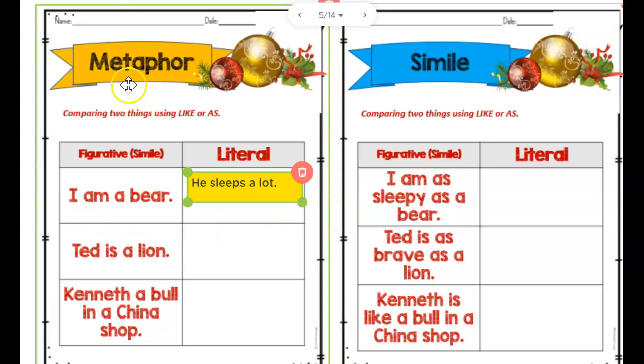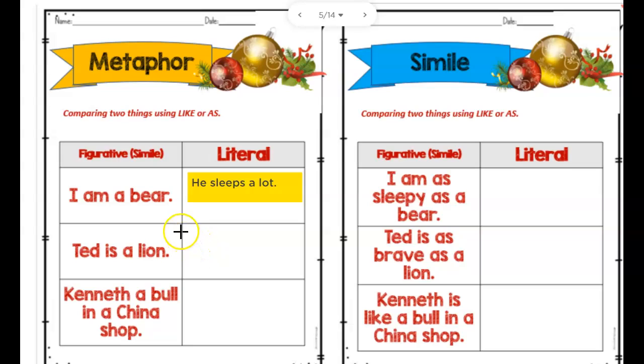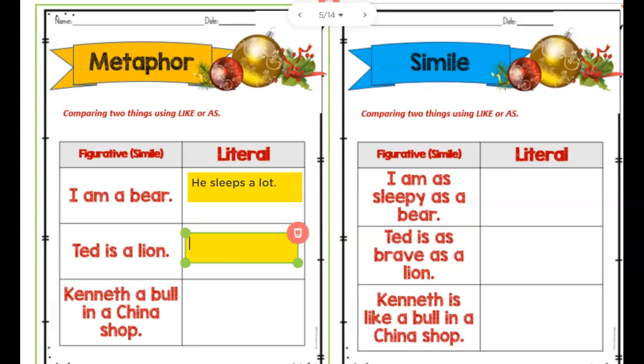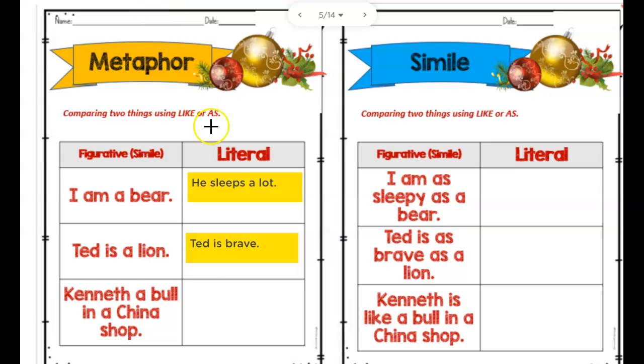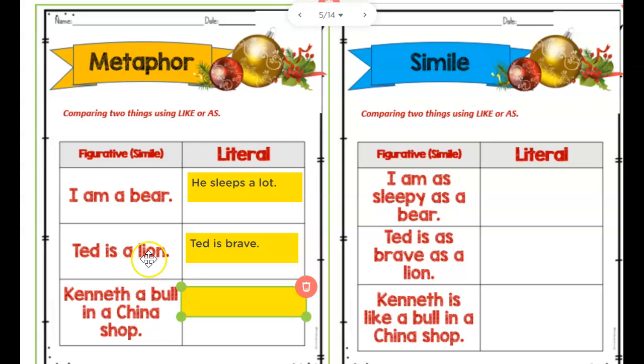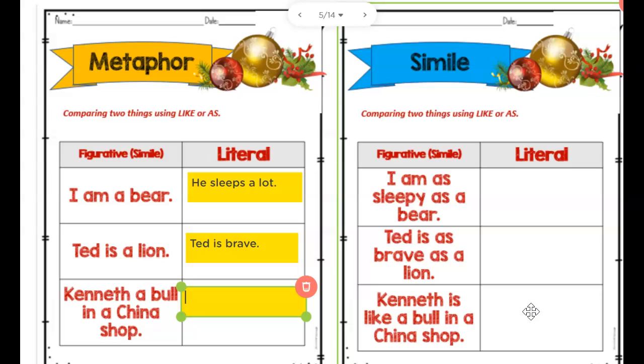Ted is a lion. He's not actually a lion, but I know lions are very brave and cunning. So maybe he's comparing himself to a lion because Ted is brave. And finally, Kenneth is a bull in a china shop. Maybe you've heard that before. So bulls are not very agile and they're very large.